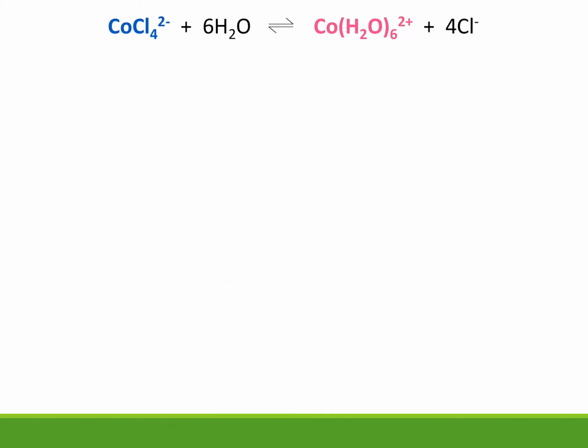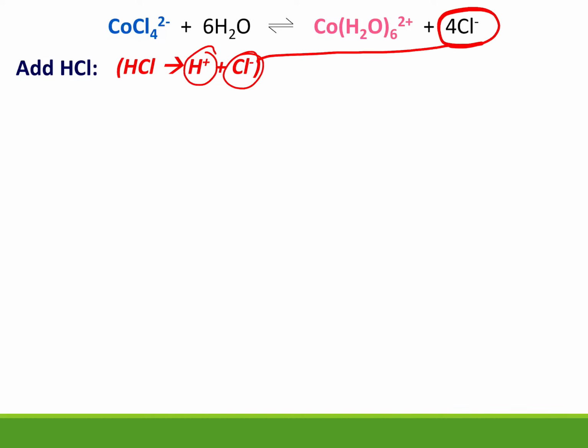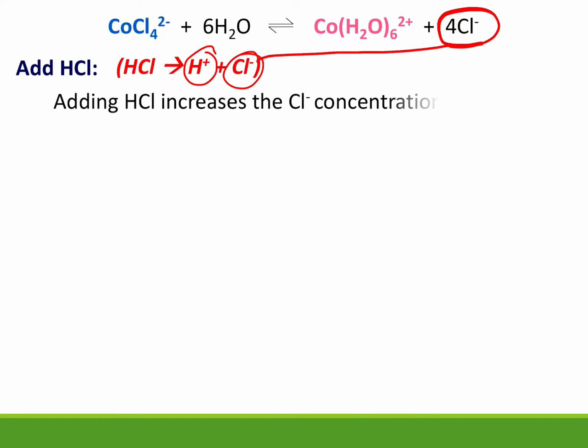Alright, next one. If I add HCl, now here we've got to be careful. There is no HCl in my original reaction, but hydrochloric acid will ionize and become H+ ions and Cl- ions. When I look at my reaction, I go, oh wait, look there, I have Cl- ions. So what I've actually done is I've increased the concentration of the Cl- ions indirectly.